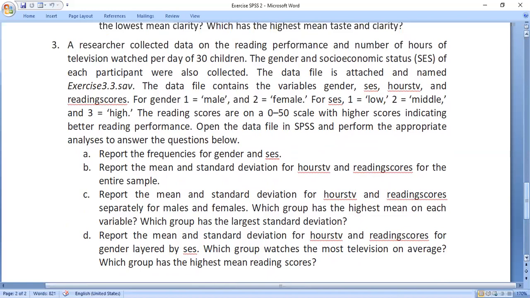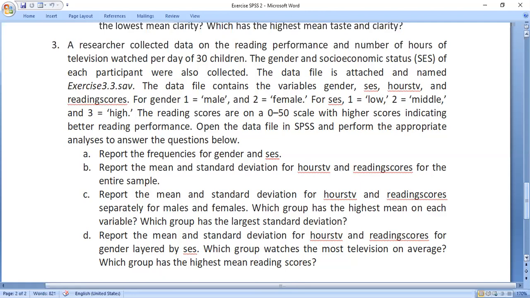For gender, 1 is male, 2 is female. For socioeconomic status, 1 is low, 2 is middle, and 3 is high. And reading scores are on a 0 to 50 scale with higher scores indicating better reading performance. So we have to open the data in an SPSS file and perform the appropriate analysis.